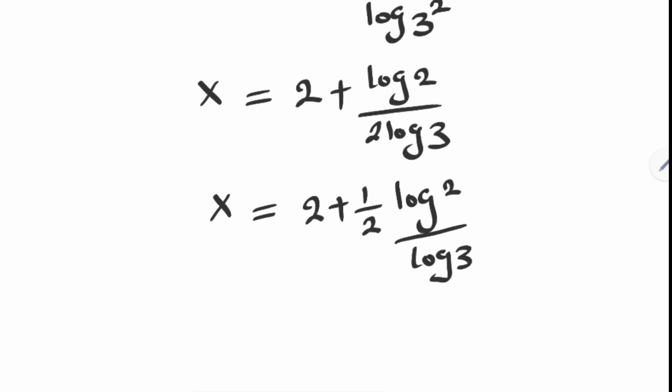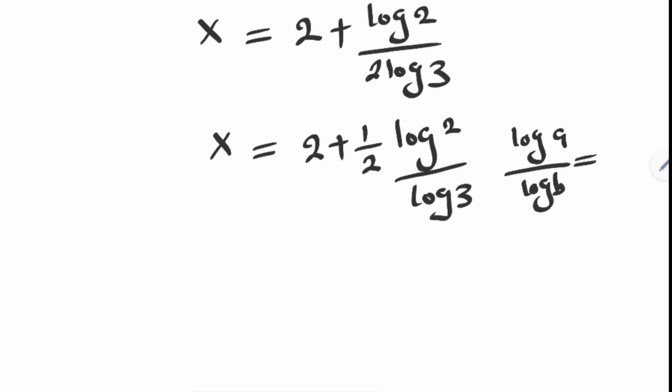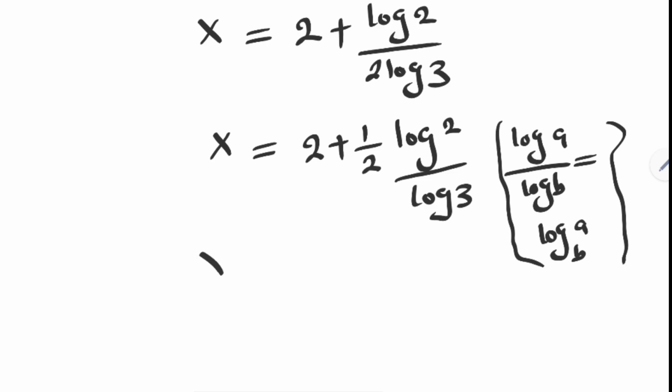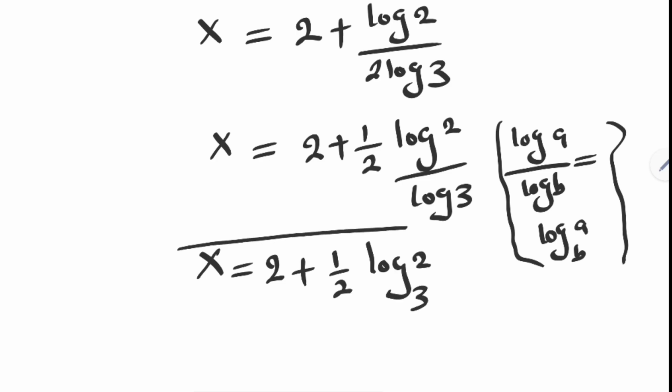Then if you have log A over log B, this is equal to log A base B. x is equal to 2 plus 1 over 2 log 2 base 3. This is the final answer.